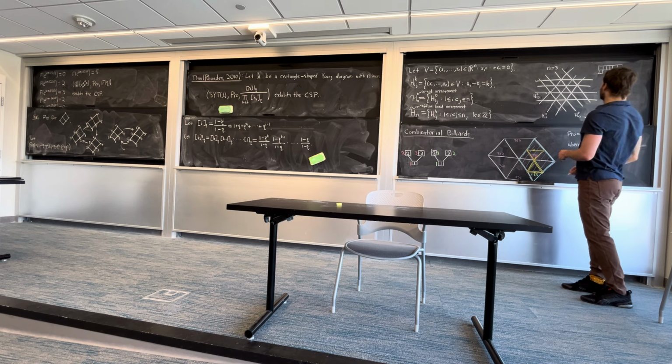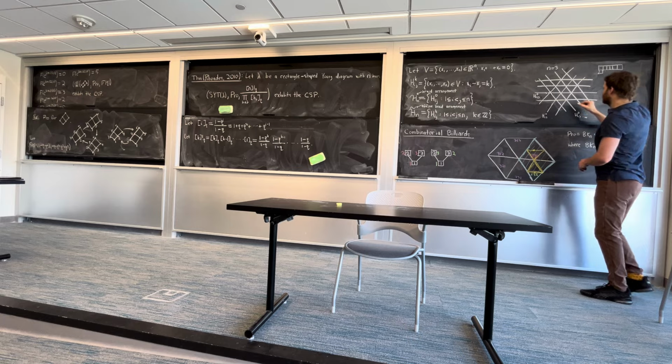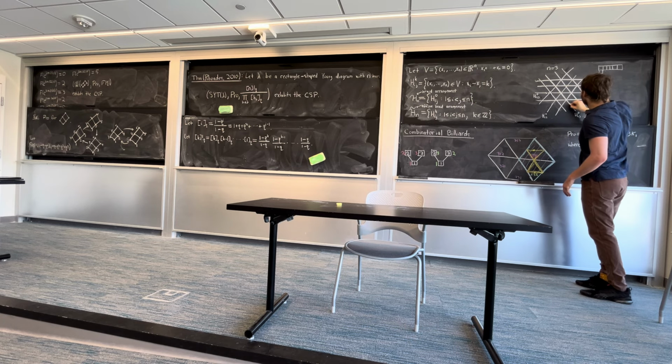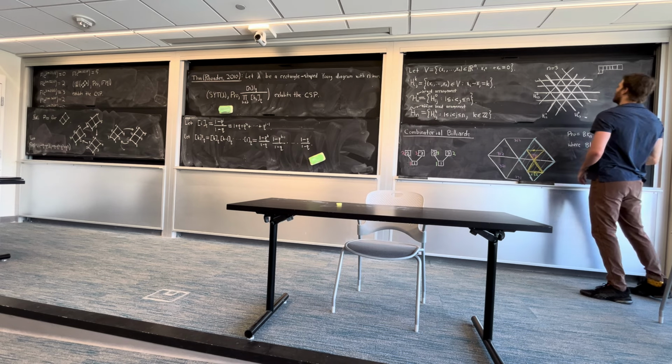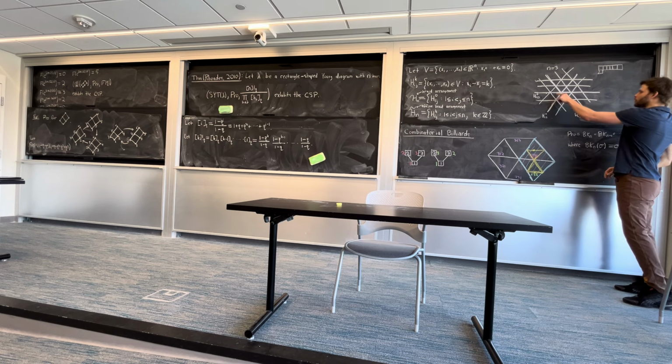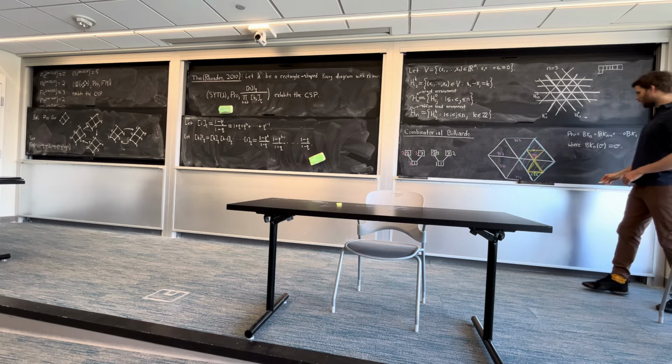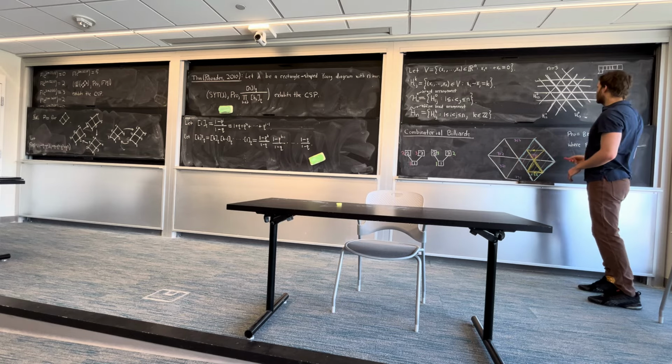Okay, and my original braid arrangement was these here, right? So this was my braid arrangement. And you can see I have my little hexagon sitting inside of here.